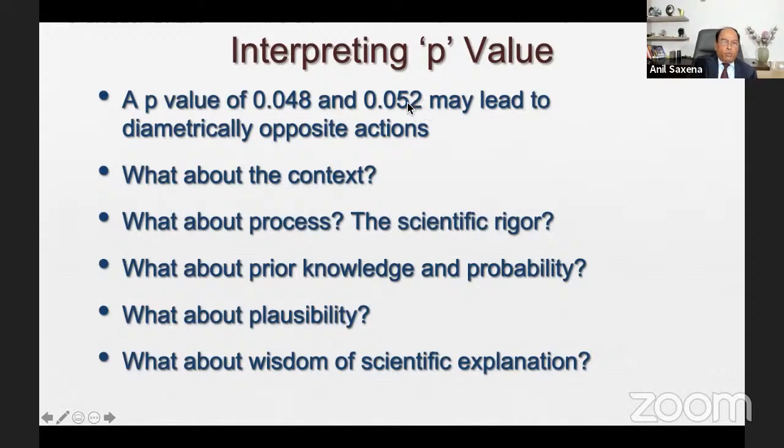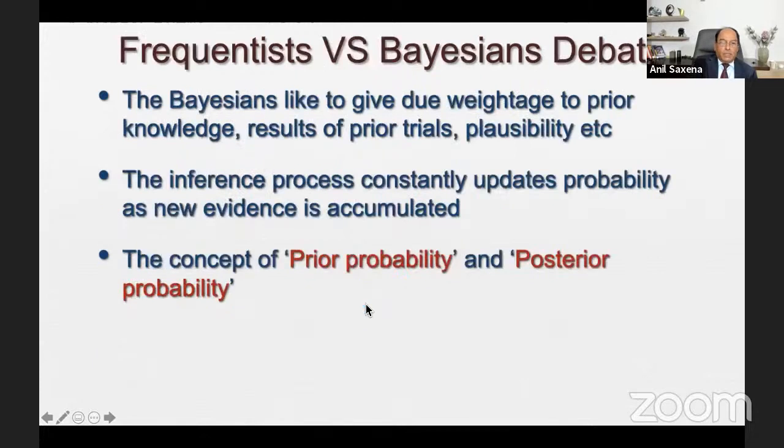So we should look at what was the context, what was the process, how rigorous the trial was, whether randomization was good or not, the scientific rigor of the trial, what the sample size was, and what about the plausibility and prior knowledge, the wisdom or the scientific explanation. And in fact, there is another arm of statistics which is called the Bayesian arm.